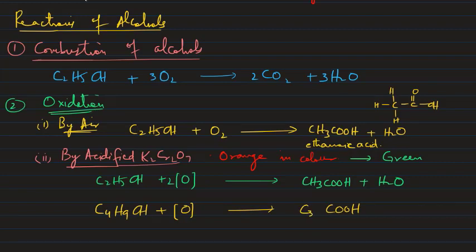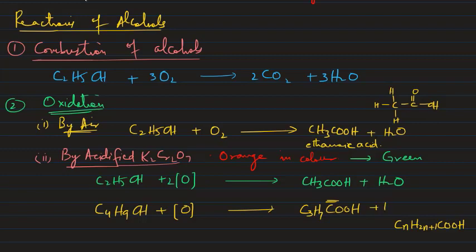So it will be C3 and H will be 7, because carboxylic acids have a general formula CnH2n+1COOH. So if we have one carbon over here, we are left with three more carbons over here, and if three carbons are there, then we have to have 7 H along with that.